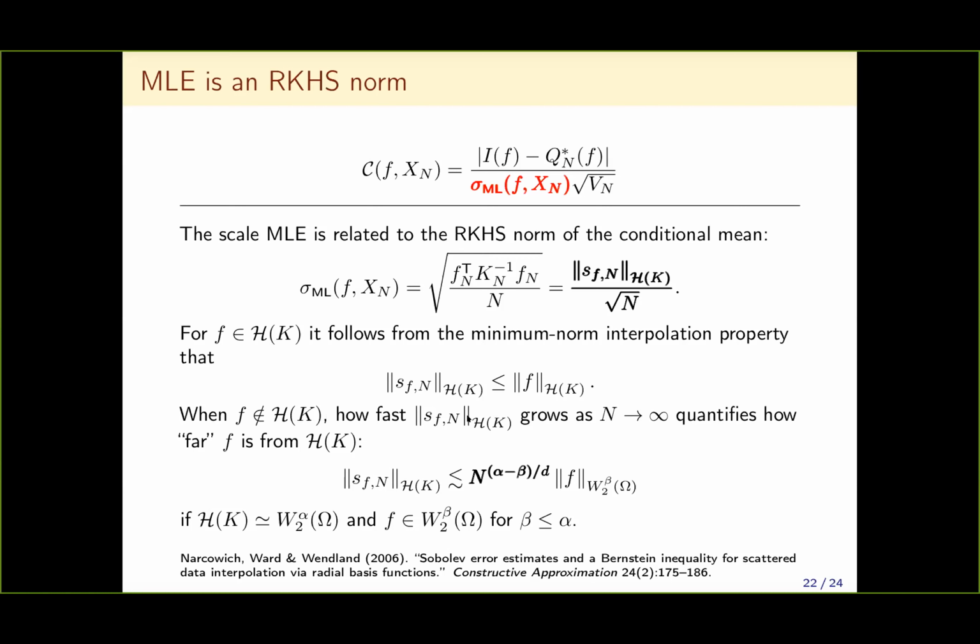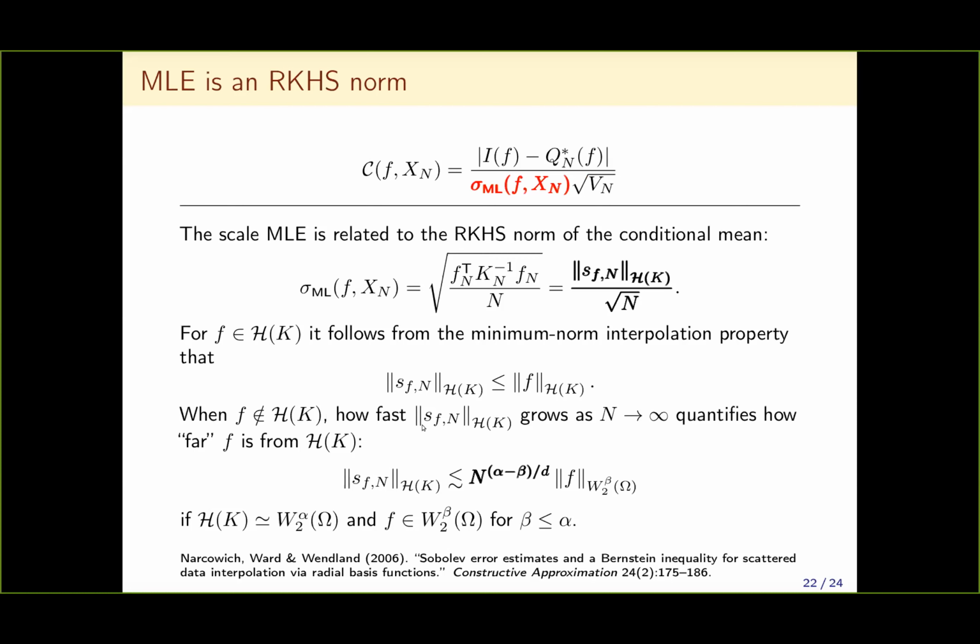And informally speaking, in that case, the interpolant always exists, even if our function is not a member of the RKHS. So the rate of growth of this interpolant RKHS norm in a way quantifies how far f is from being in the RKHS.